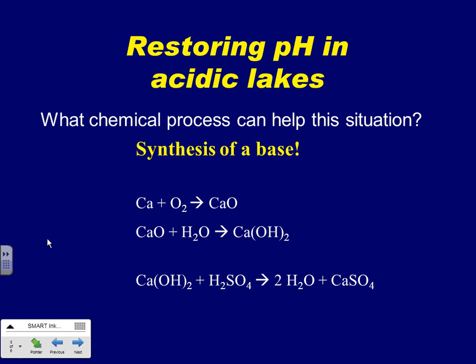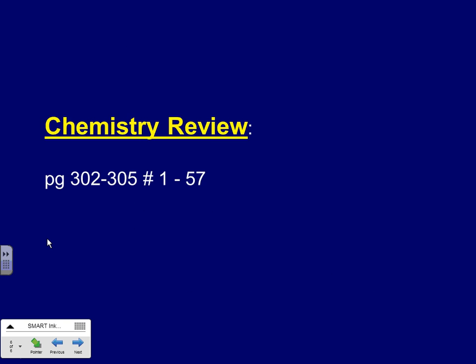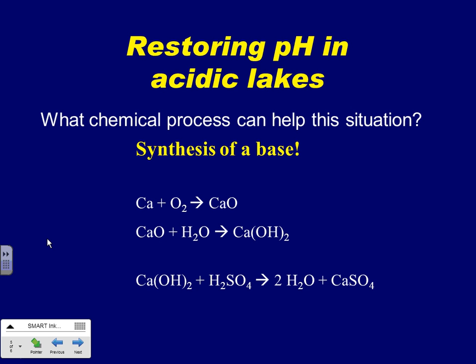Okay. Last little note here, and then I give you the review, because you've already done some of the problems based on acid rain, because I assigned those the other day. In some places, when acid rain was really an issue, like I said, probably about 30 years ago, there were entire lakes that were dying.